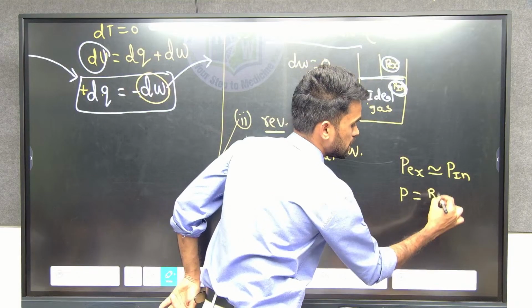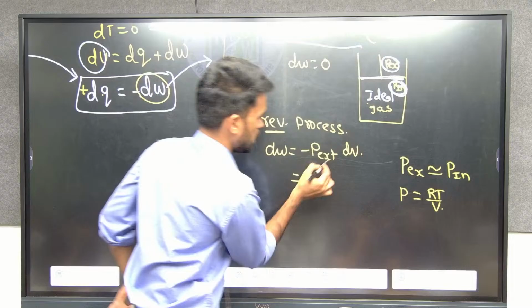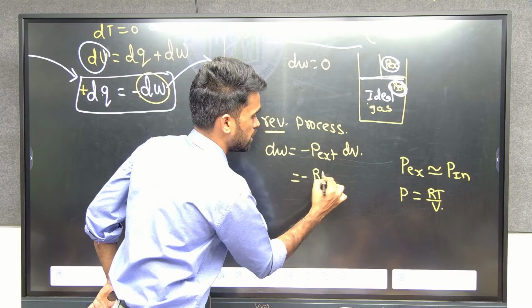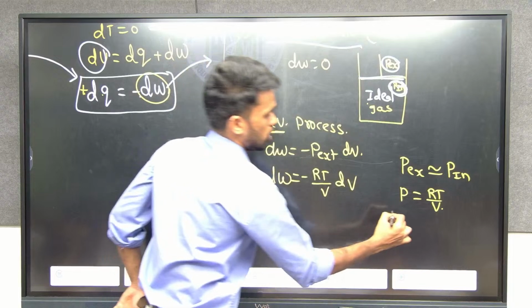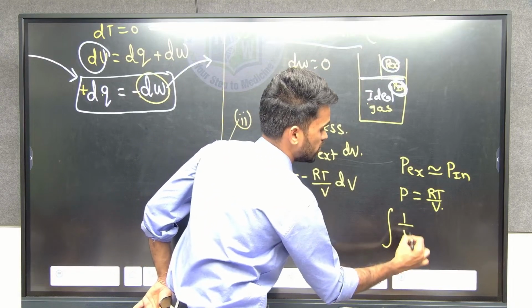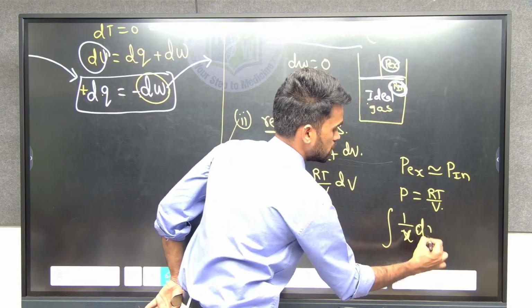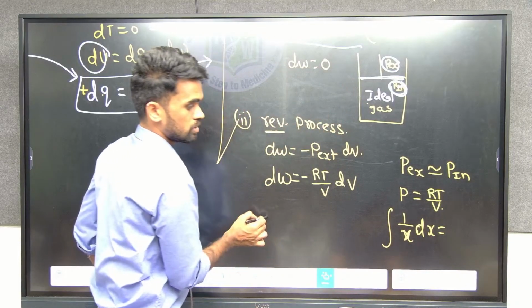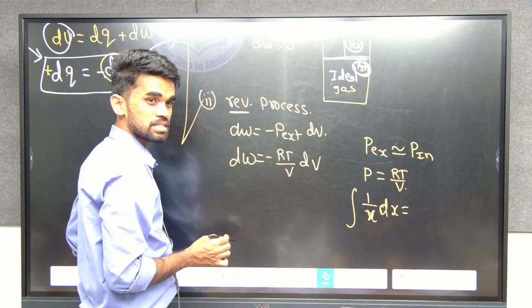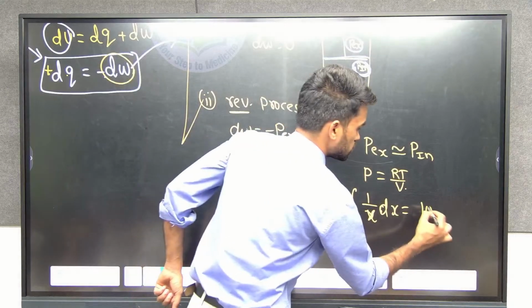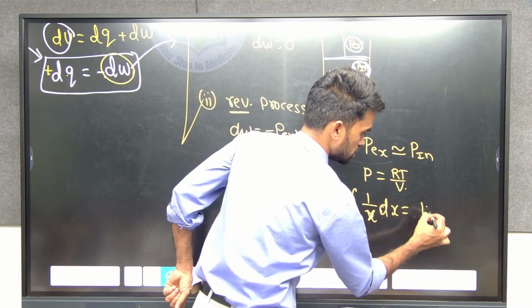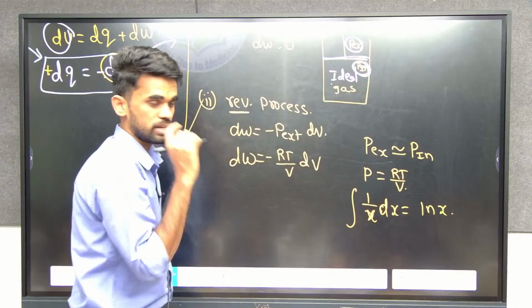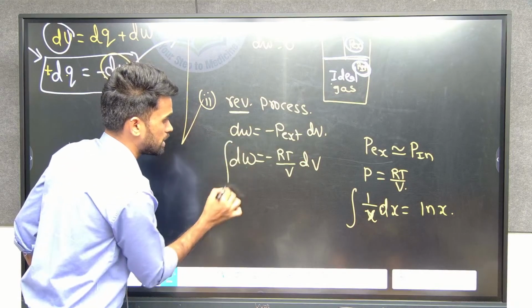So wherever I have P, I can write RT by V dV. Now you have the integral of 1 by x dx, which is ln x or log x. So here also you apply integration on both sides.